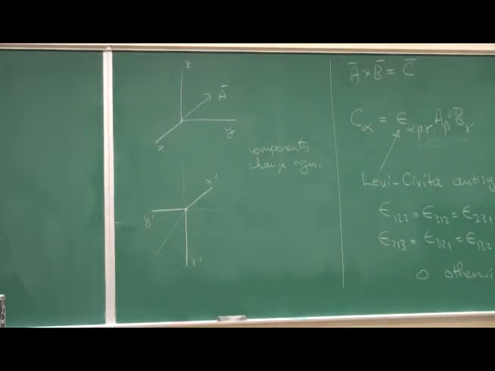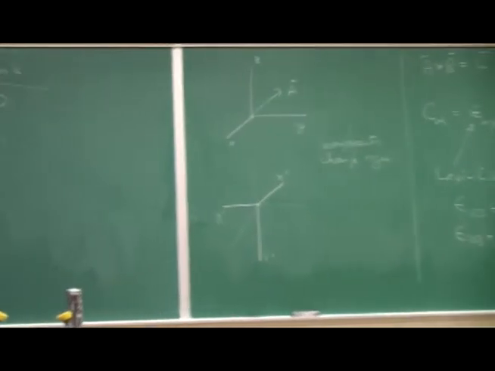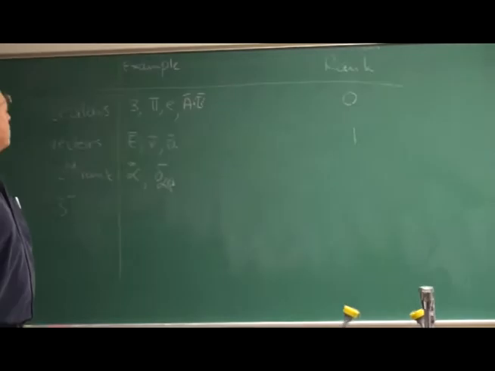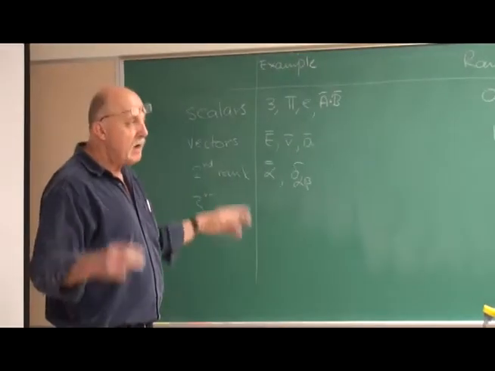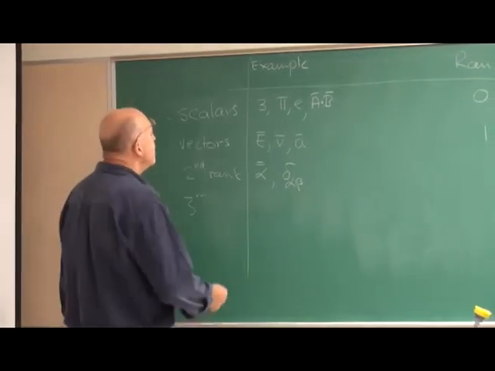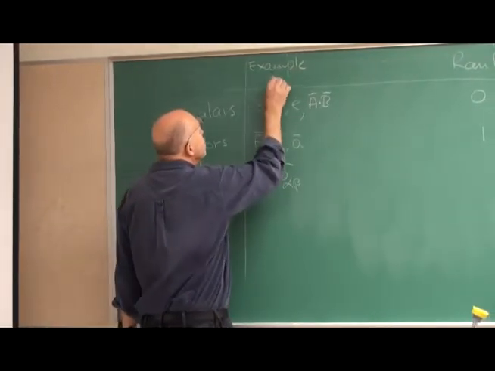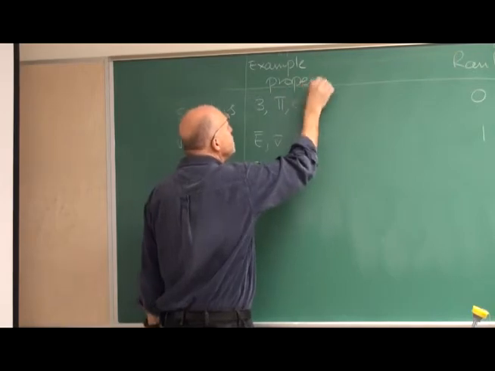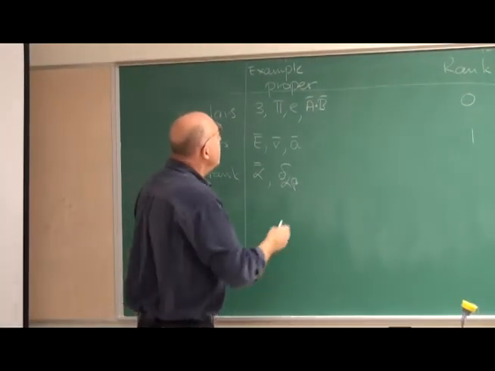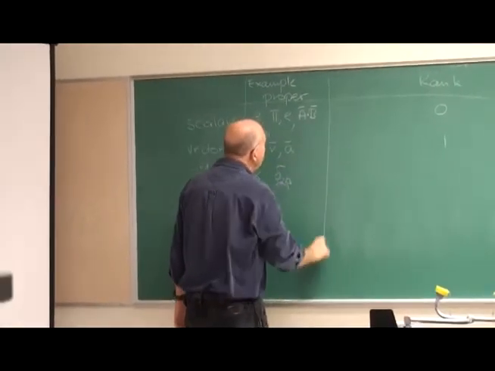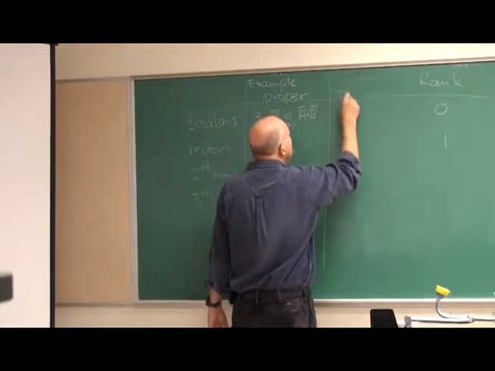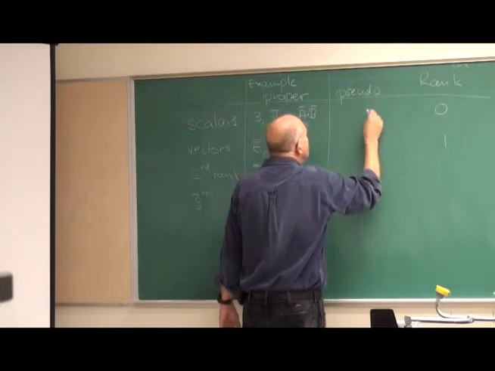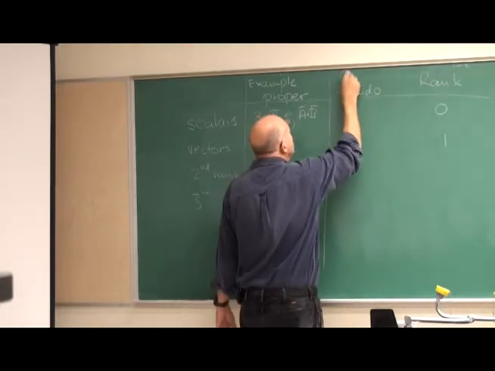And it turns out that, in fact, the world has to be split into two kinds of things: proper things and improper things. So these are proper quantities that we've used as examples. And then we can put improper things, which I'm going to call pseudo. So this is improper.